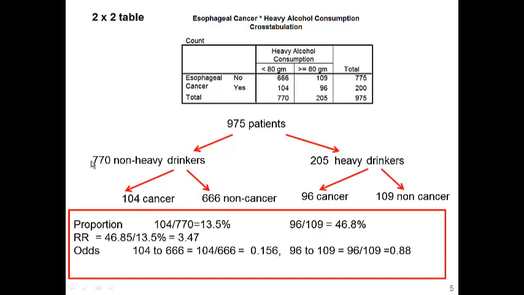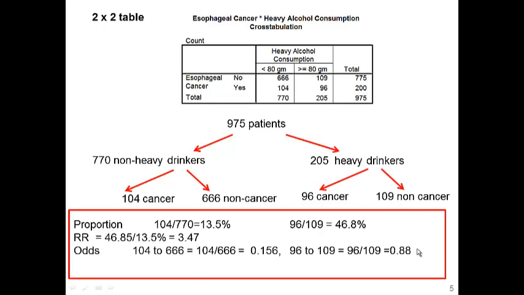Within 770 non-heavy drinkers, the odds of having cancer is 104 to 666, and if you take the ratio, that is 0.156. Of those 205 heavy drinkers, 96 have cancer, so the odds of having cancer among heavy drinkers is 96 to 109, and the ratio is 0.88.